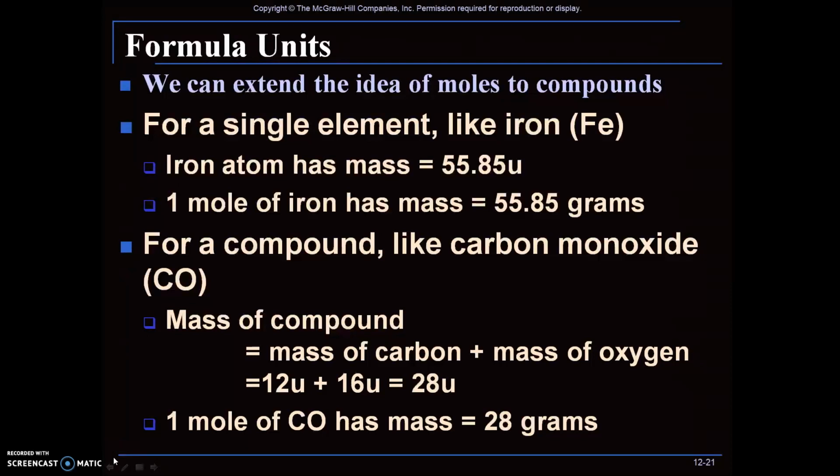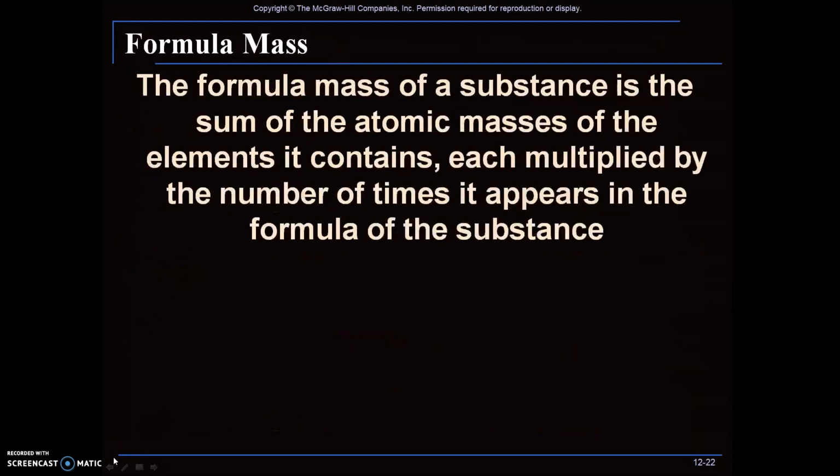So the mass of CO, carbon monoxide, is 28. And 1 mole of carbon monoxide has a mass of 28 grams, since atomic mass is expressed in grams. This is also called the formula mass of carbon monoxide: 28 u.